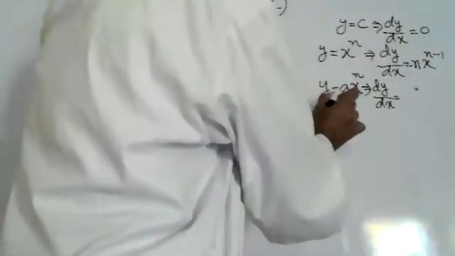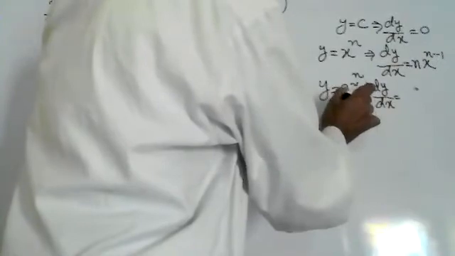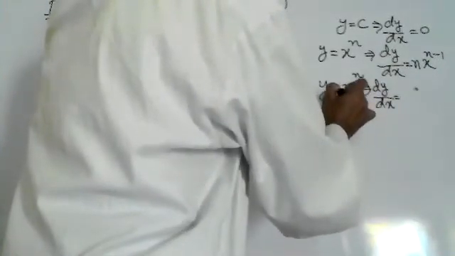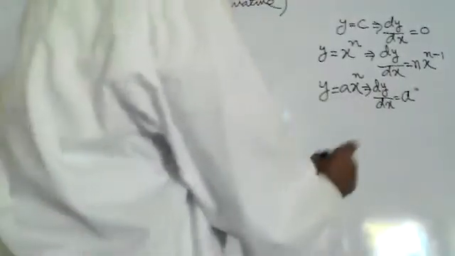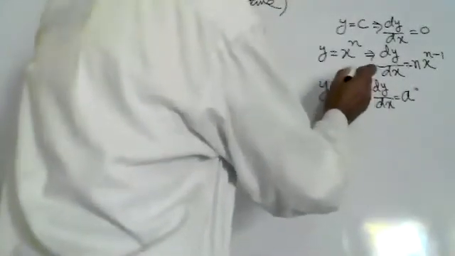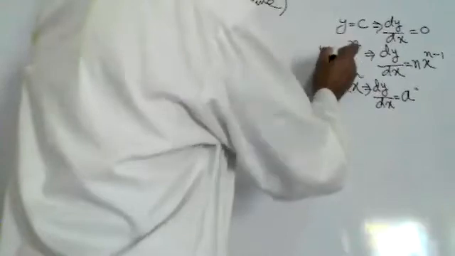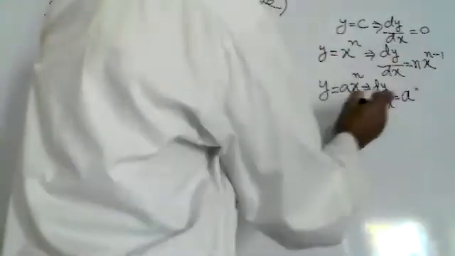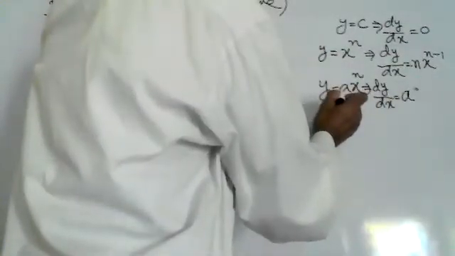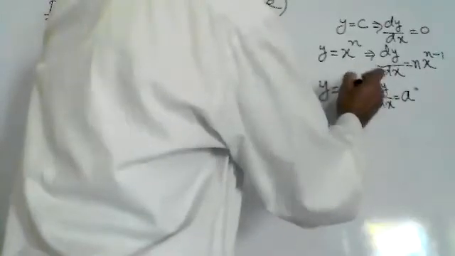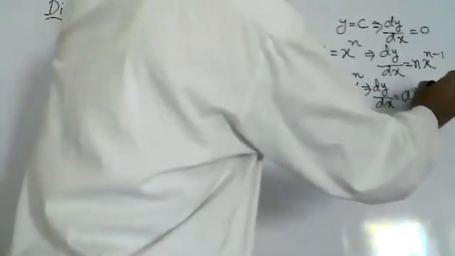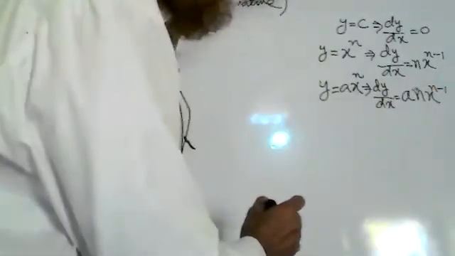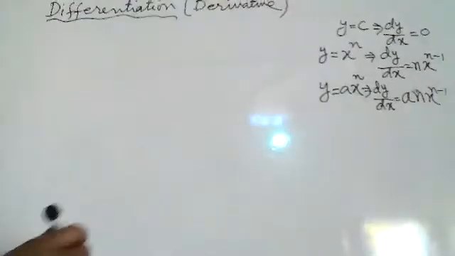If the constant is associated with x, then the constant will remain as it is and it will multiply with the derivative of x raised to power n, which is n x raised to power n minus 1. So it becomes a into n x raised to power n minus 1.